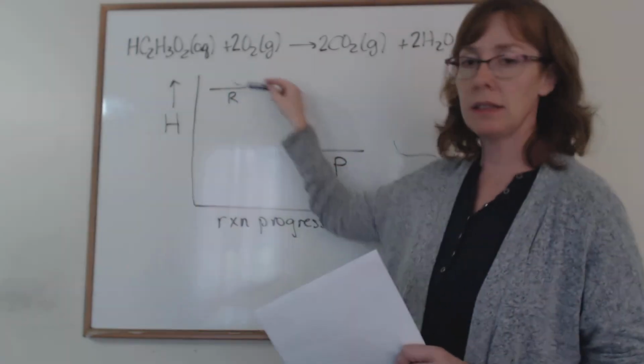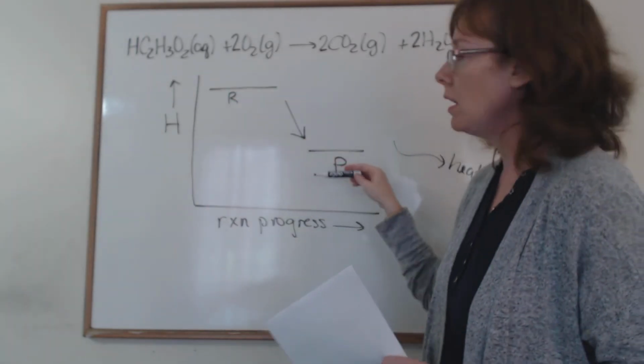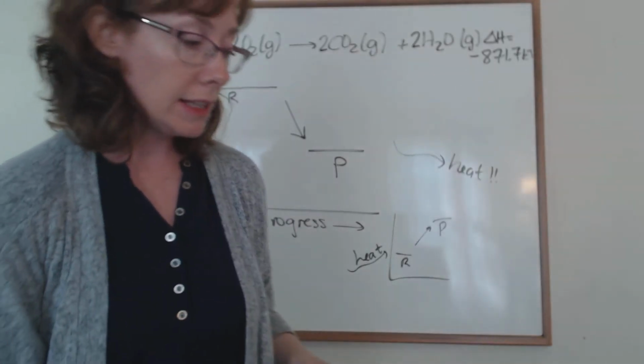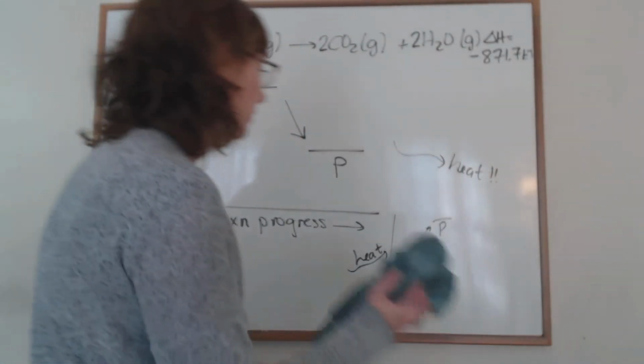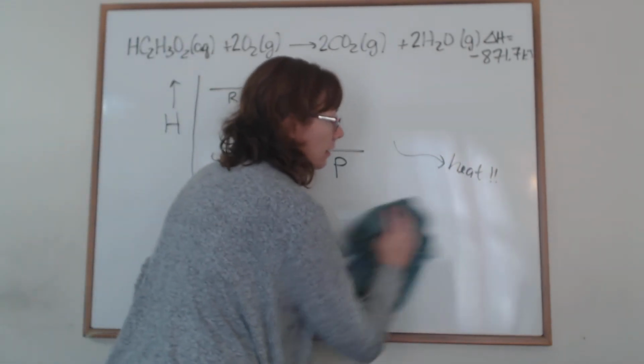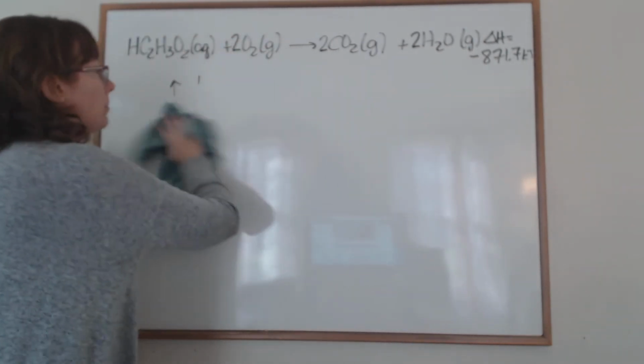So at least it's this downhill concept for exothermic. And endothermic would just look opposite. Reactants would be lower, products would be higher. And that's why heat needs to come in from the outside, from the surroundings, to push you uphill and give you all that extra energy that gets stored in the compounds. That is an enthalpy diagram.